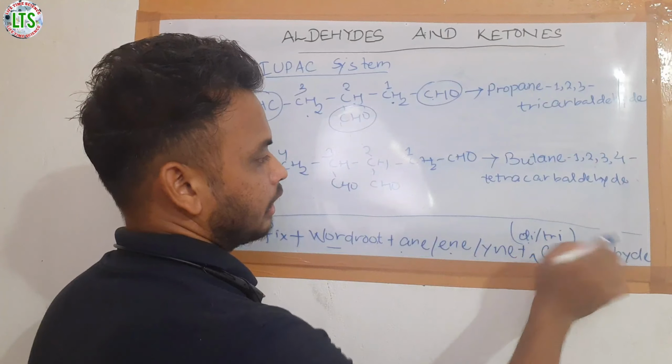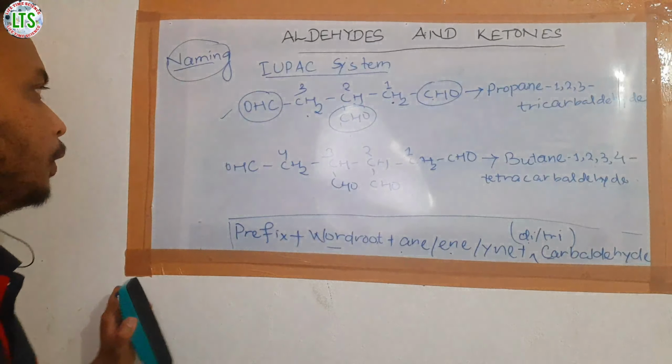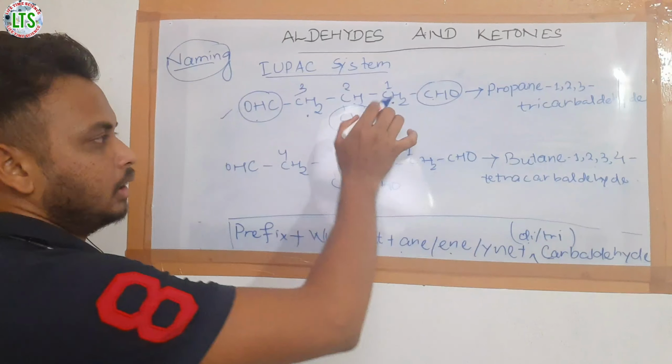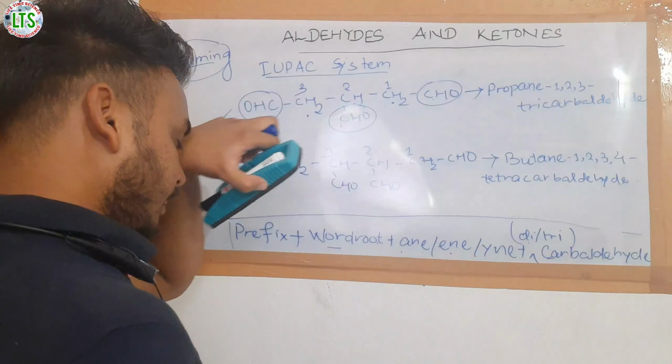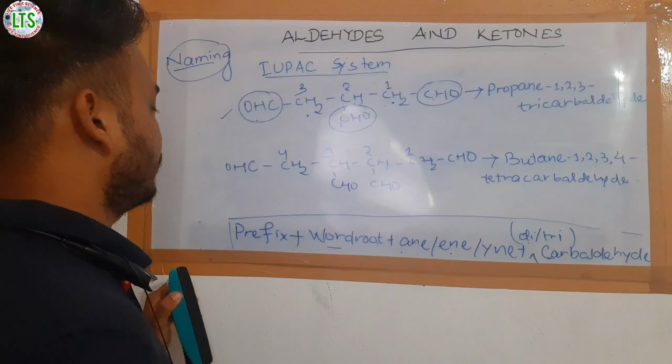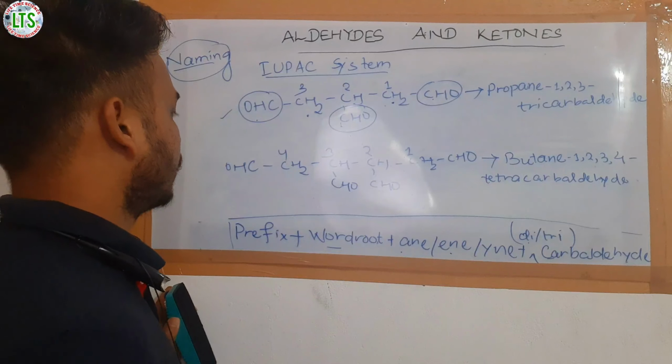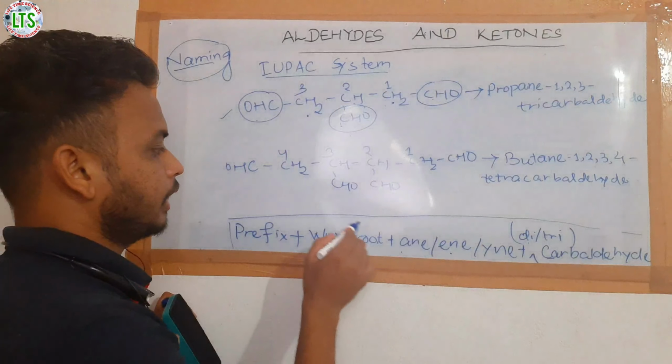Then lastly carbaldehyde. For example, in this compound, there is no type of prefix or any type of group present. So we can start from the word root.